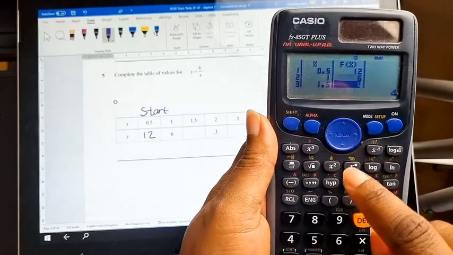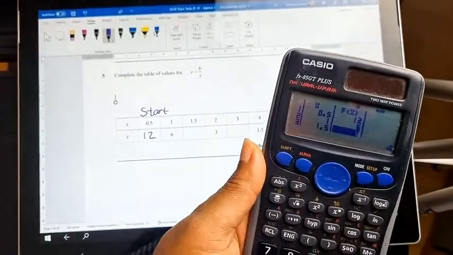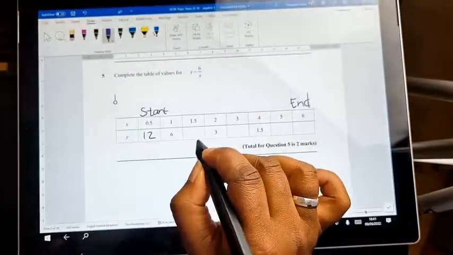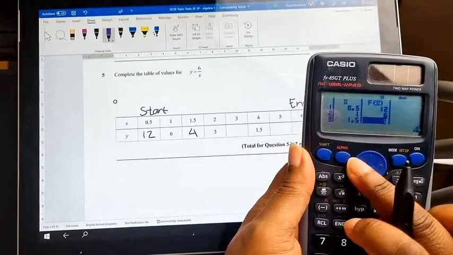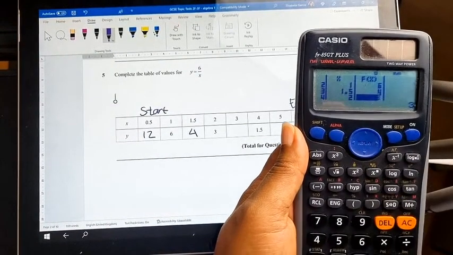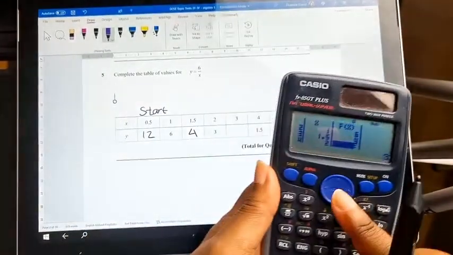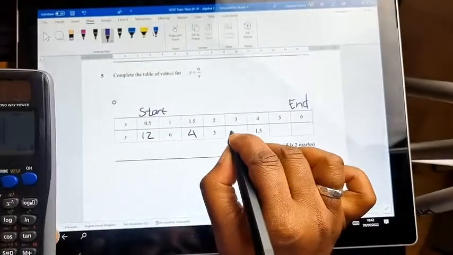When x is 1.5, y is 4. We can write those down. Now, when x is 2, y is 3. That's correct. Then we can go to the next one, 2.4.